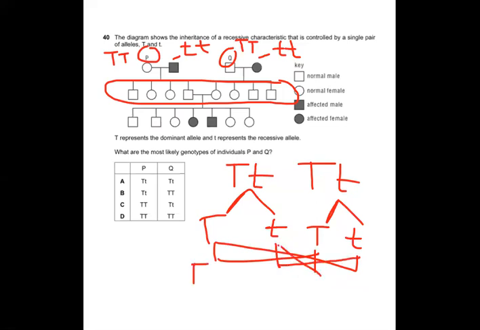So the possible offspring are capital T, capital T; capital T, small t; small t, capital T; and small t, small t. So now we can see over here that there is a chance of an affected offspring to be born. That is why the answer to this will be that P and Q both have homozygous dominant alleles.